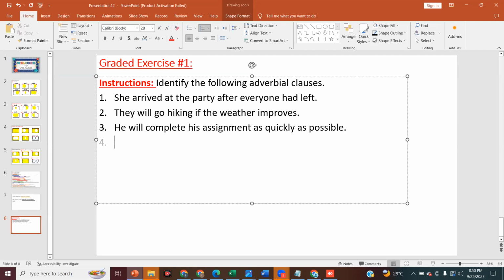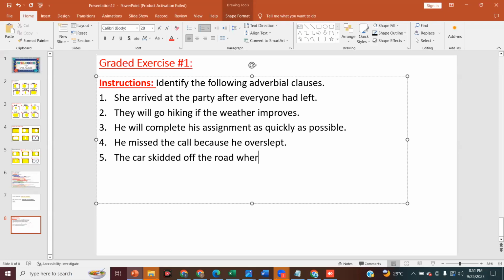Number 4, he missed the call because he overslept. Number 5, the car skidded off the road where the ice was thickest.